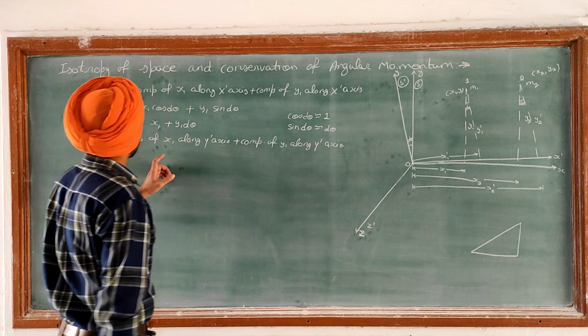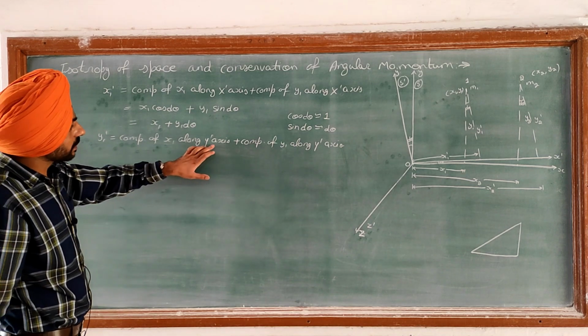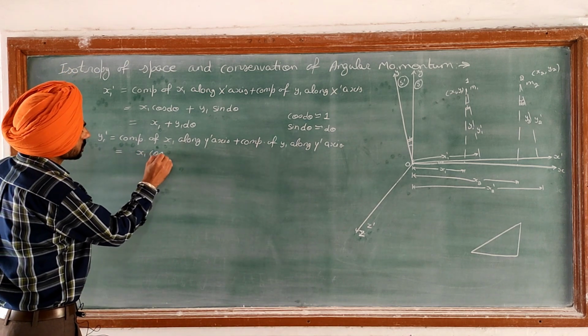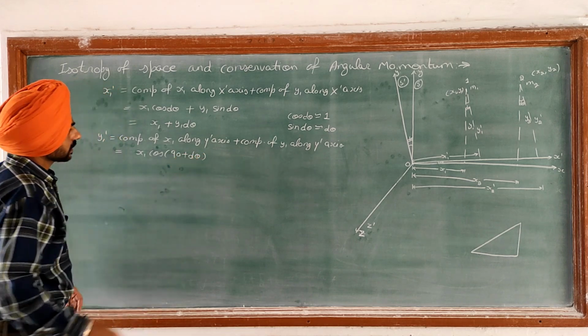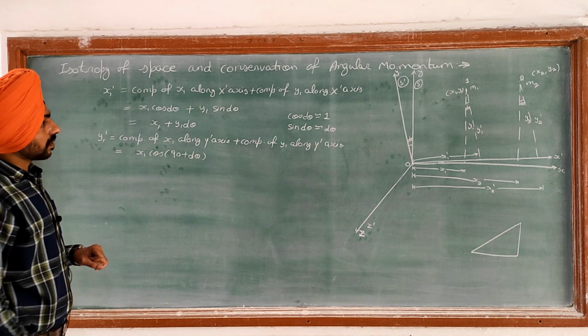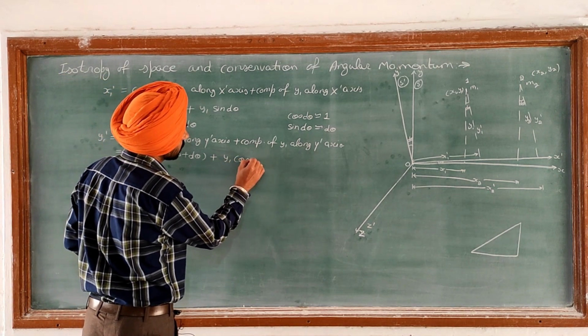So this will give us the relation between primed and unprimed quantities for their components along the y-axis. The component of x1 along the y prime axis is x1 cos(90 plus d theta), you can see in the diagram very clearly, plus the component of y1 along the y prime axis, which will be y1 cos d theta.